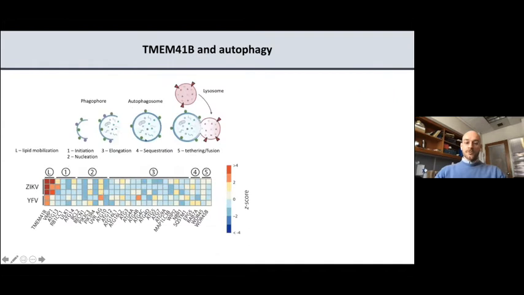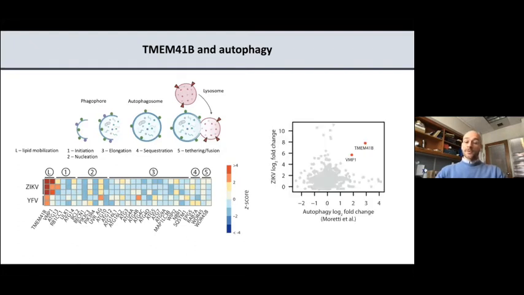So Bill already alluded to the autophagy pathway, and similar to the coronaviruses, we find for Zika and yellow fever, TMEM41B was highly enriched together with VMP1, which is its partner in crime, but none of the other autophagy genes were hits. And it becomes even more interesting if you do a cross comparison between our Zika screen and the previously published autophagy CRISPR screen.